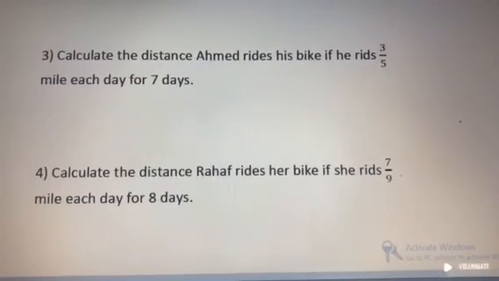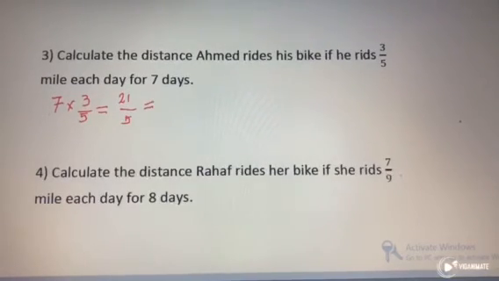Calculate the distance Ahmad rides his bike if he rode 3 over 5 miles each day for 7 days. I will find the answer. I will multiply 7 days by 3 over 5 miles. Now 7 multiply 3 equals 21 over 5.